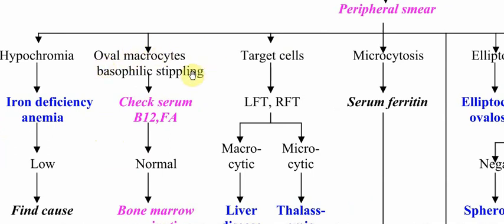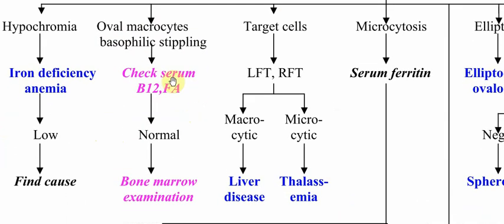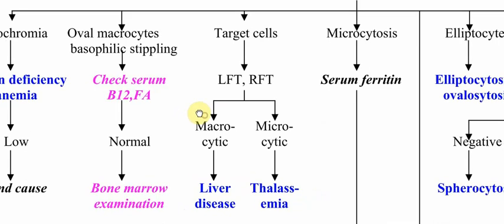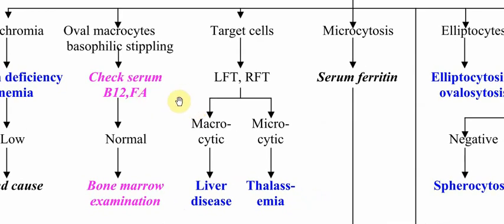If there are oval macrocytes and basophilic stippling, then we check serum B12 and folic acid level, and if it is normal, then we do bone marrow examination. If these are low, then we have got megaloblastic anemia.